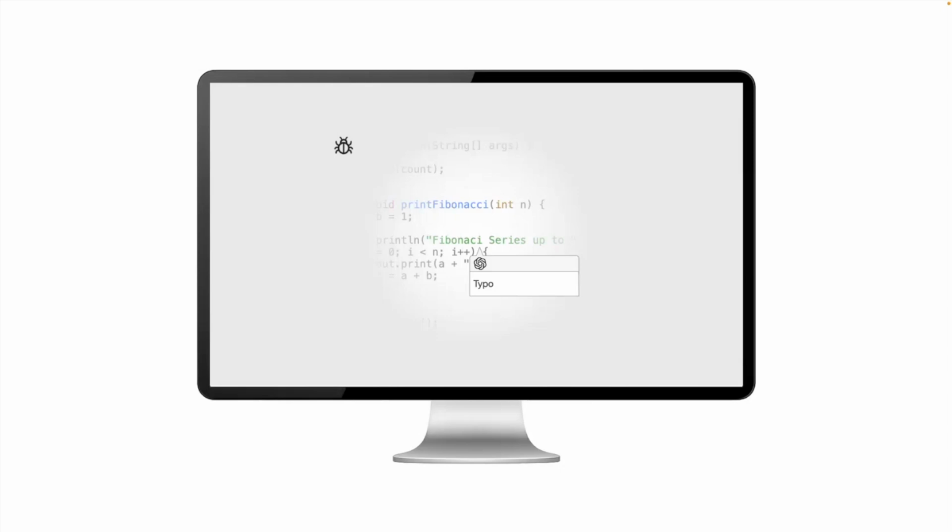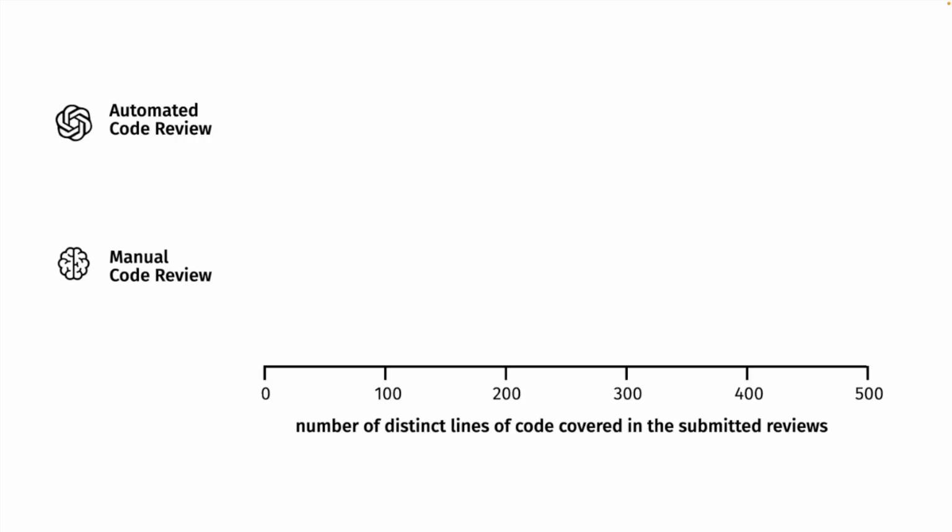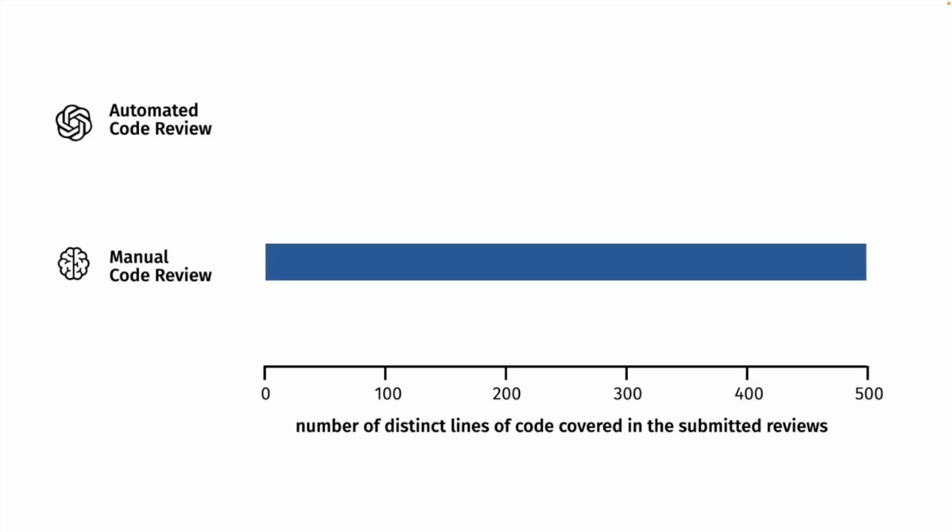How do we know that? Well, what we did was to take all the code reviews written manually, among all programs, and count the unique code locations commented at least once. This means at least one reviewer commented the given line of code. Overall, across all 12 programs, there were around 500 different lines of code commented by at least one reviewer.